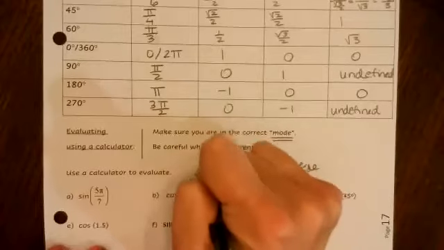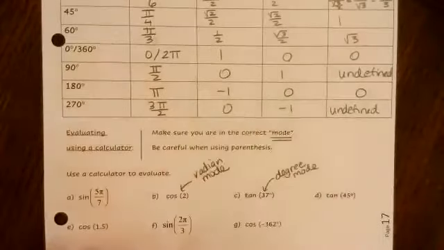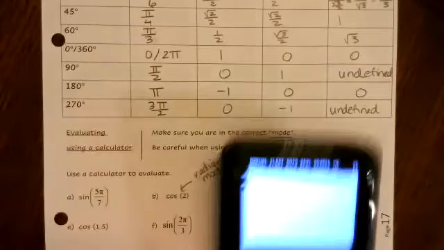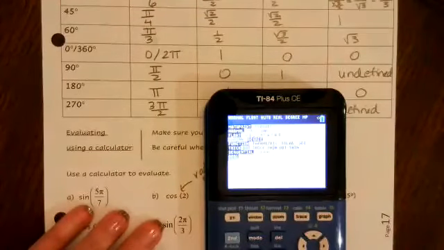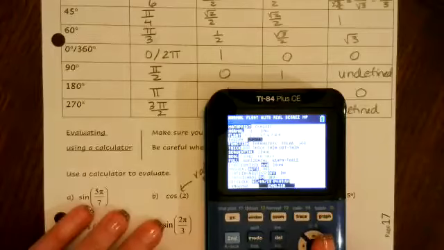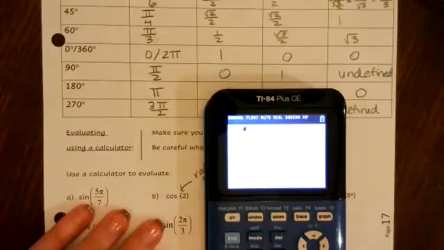So sometimes on one test, you will have to switch from one mode to the other in order to do that. So quick reminder, you go to mode, and then you're going down to this part right here where it says radian and degree. Right now I have it in degree. If I highlight it and hit enter, it will change it to radian. And then I can do the cosine of 2.